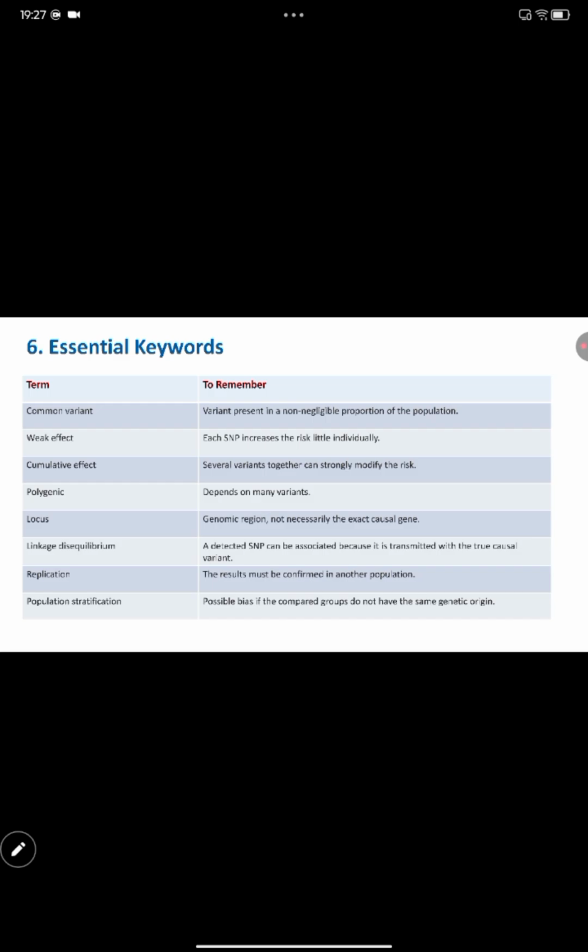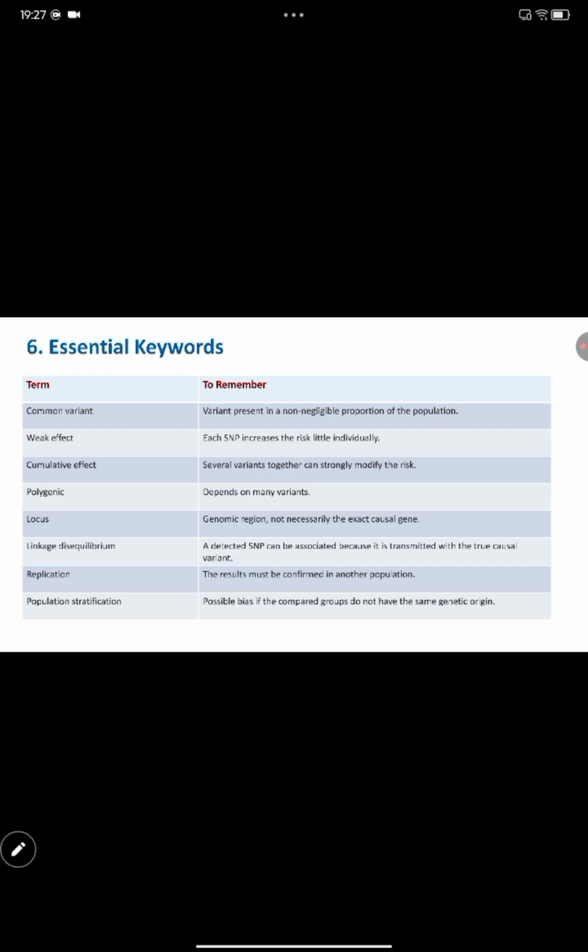Linkage disequilibrium means a detected SNP might be associated because it is transmitted together with the true causal variant. Replication means results must be confirmed in another population.